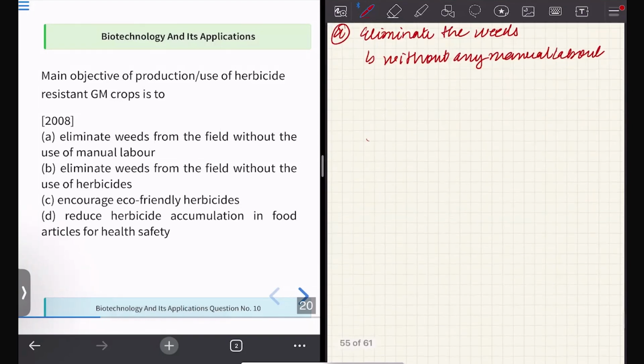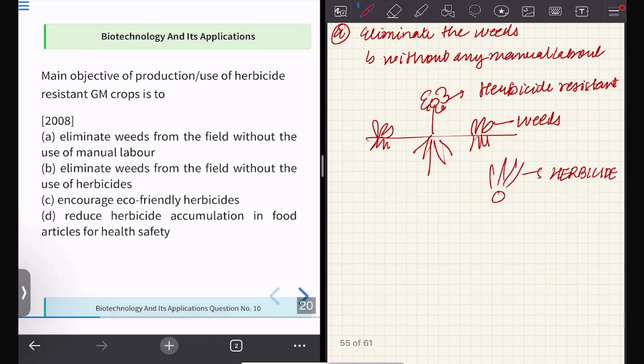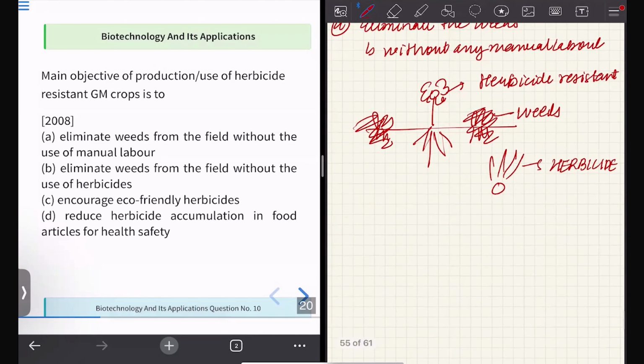So we know that there is this particular plant, which is herbicide resistant. Then we have these weeds. So when we just spray herbicide, it will kill these weeds. But as this plant is herbicide resistant, there will be no effect on this particular plant. Okay. So we need to use herbicides for this particular process.